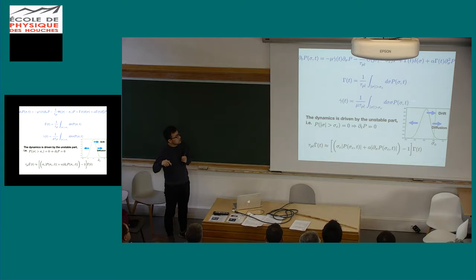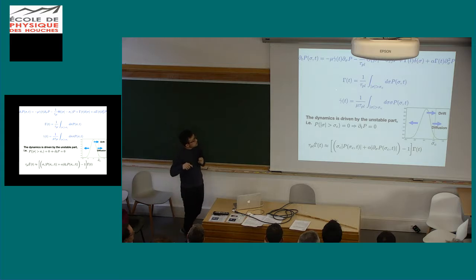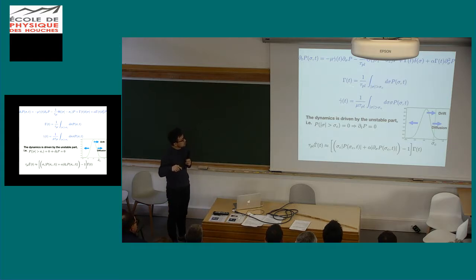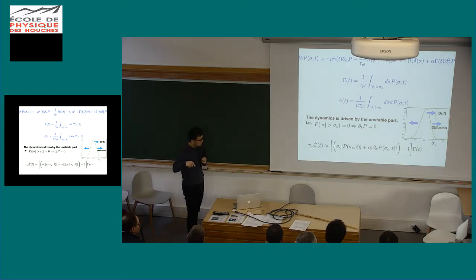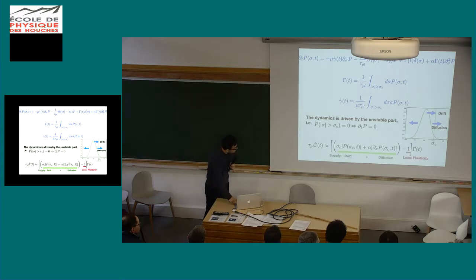So if this probability is 0 beyond sigma c, the whole part is 0. And then you can see that these two terms are very close, only with a sigma here, which is close to 1. So you can make some approximation so that these two quantities are approximately equal, and integrate on both sides of this equation, to arrive at an effective dynamics of the shear rate of the system. And here you have two terms.